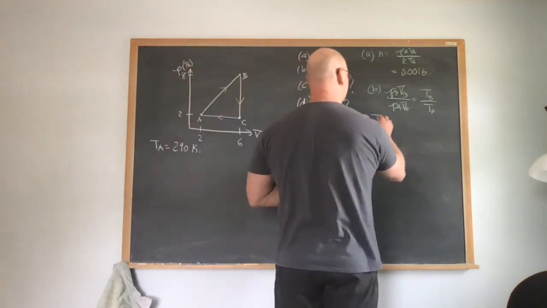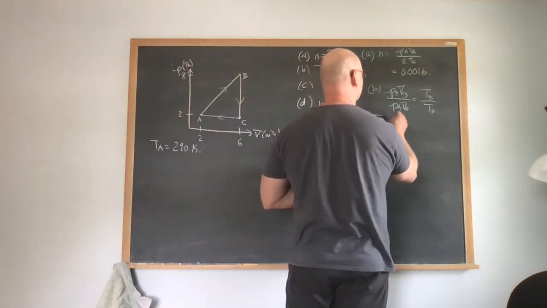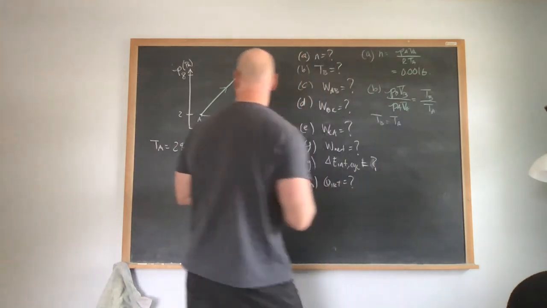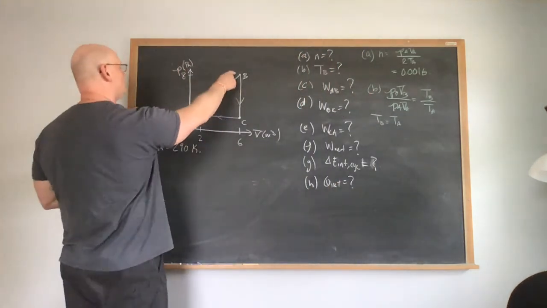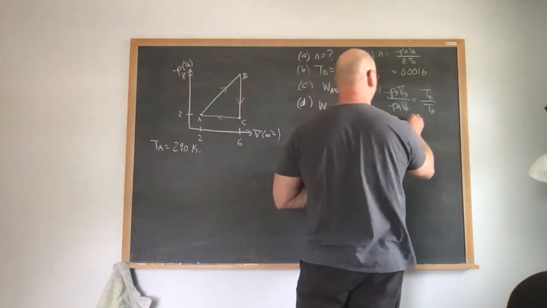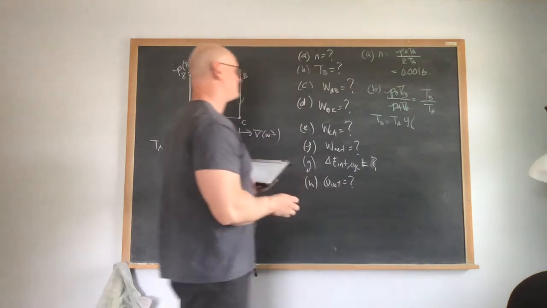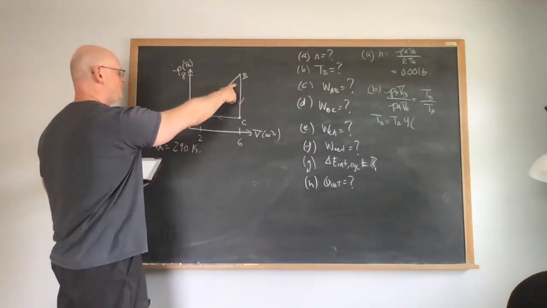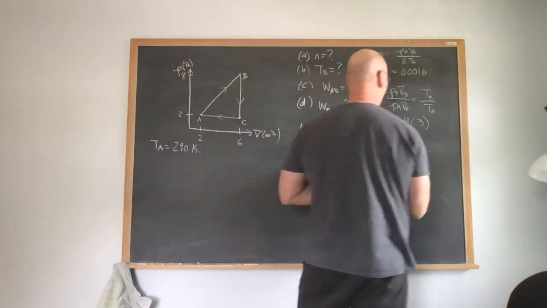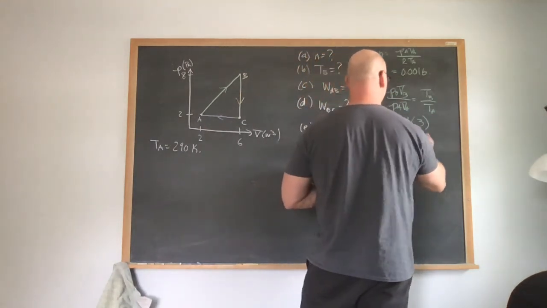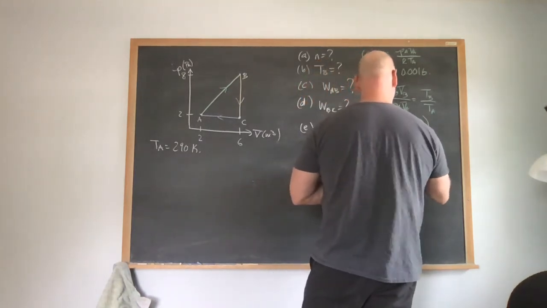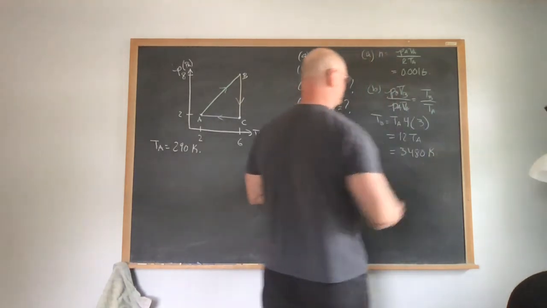This gives me my temperature at B must be equal to the temperature at A times the ratio of these things. We know the pressure at B is simply 4 times the pressure at A, so this is simply going to be 4. And the volume at B is 3 times the volume at A, so this is simply going to be 12 times the temperature at A. Plugging in my numbers, what I get in this case is 3,480 Kelvin.